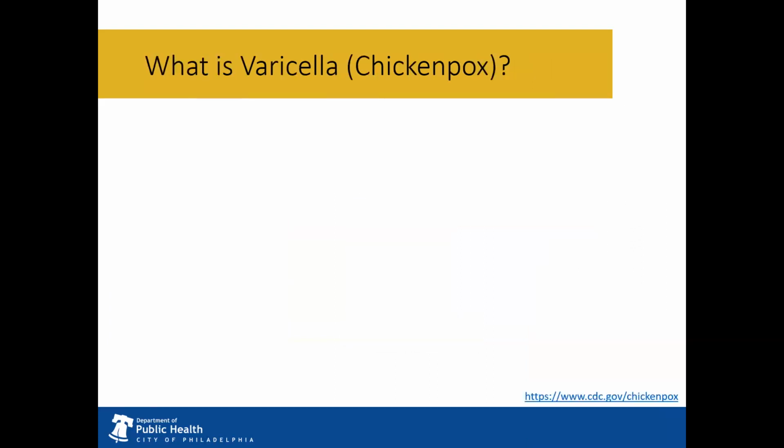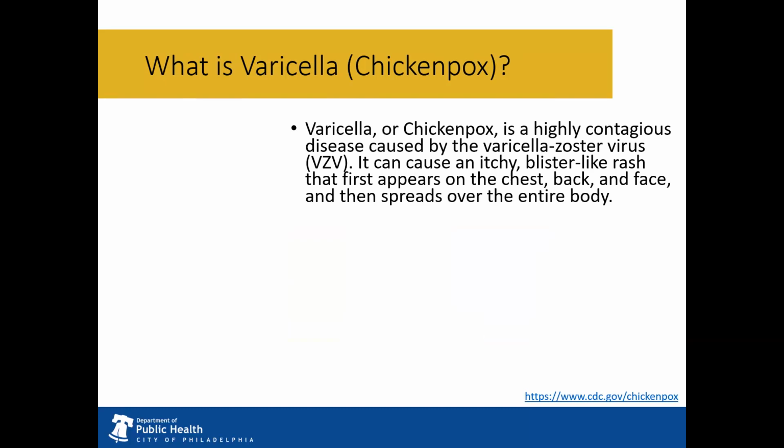What is varicella? Varicella, or chickenpox, is a highly contagious disease caused by the varicella zoster virus, or VZV, which is sometimes why you see the vaccine referred in this manner. It can cause an itchy, blister like rash that first appears on the chest, back, and face, and then spreads over the entire body.